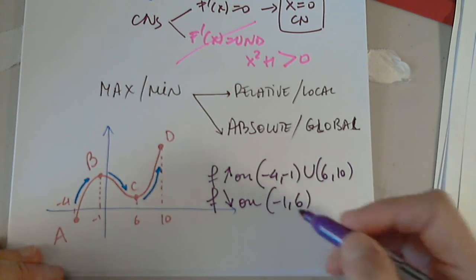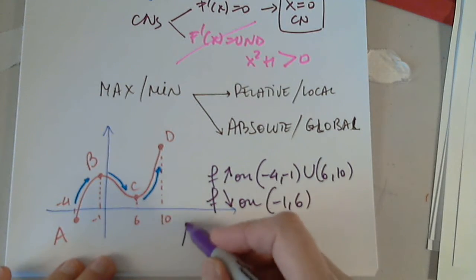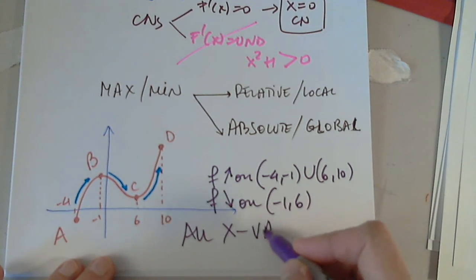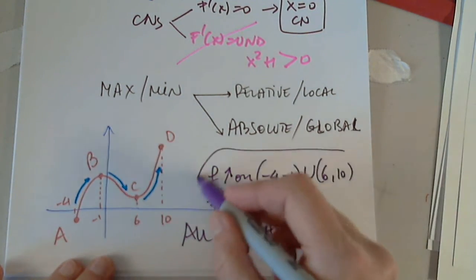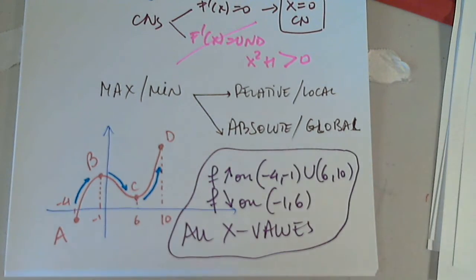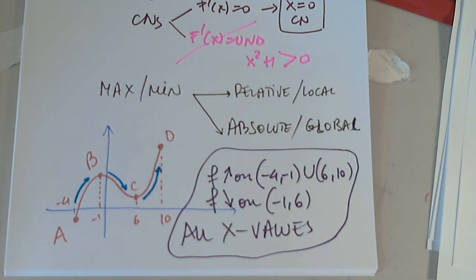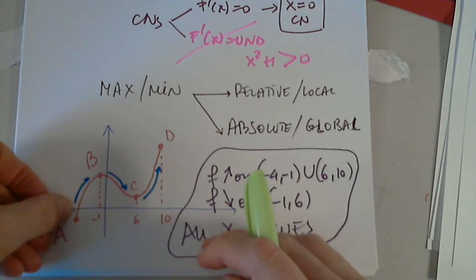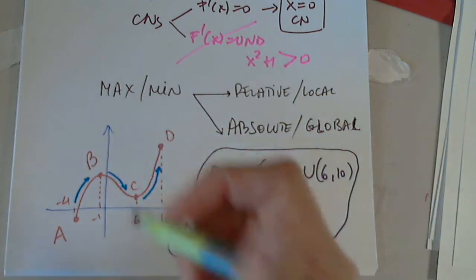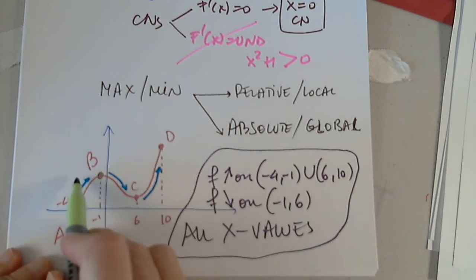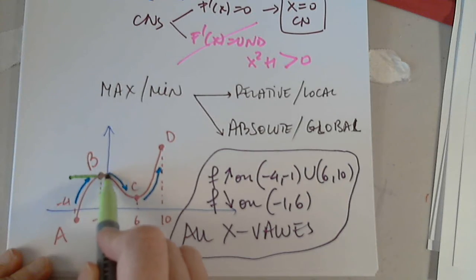So one more time, all x values. We're not looking at the y values. Okay, so obviously, when the function is increasing and then continues to decrease, at this point, the tangent is horizontal.